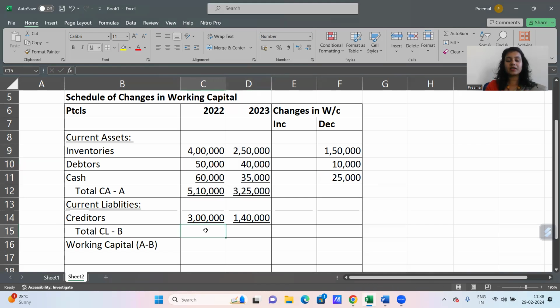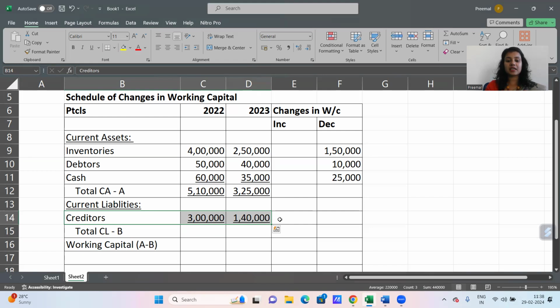Moving on to the current liabilities. Here we look at the third guideline, the relationship between current liabilities and working capital. Current liabilities and working capital have an inverse relationship. That means if current liabilities increase, working capital will decrease and vice versa. So here when we notice the creditors value, from 3 lakh, it shows a decrease to 1 lakh 40,000.